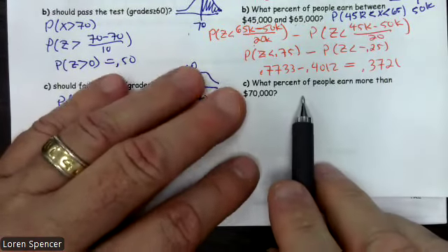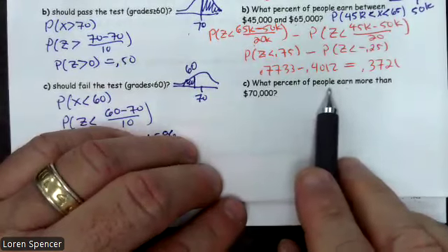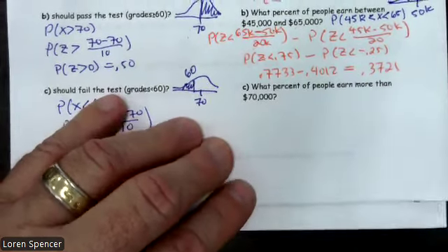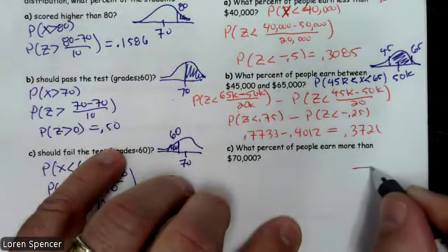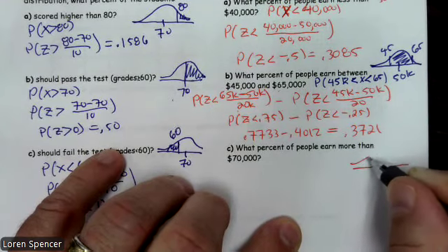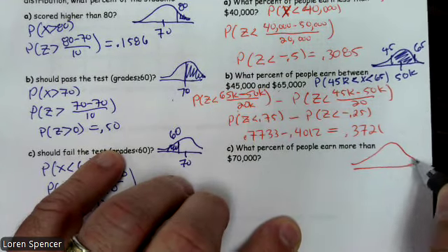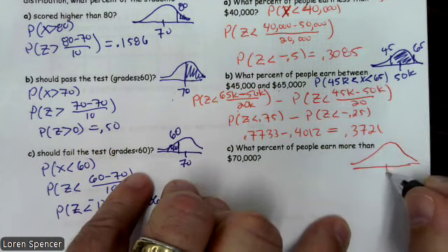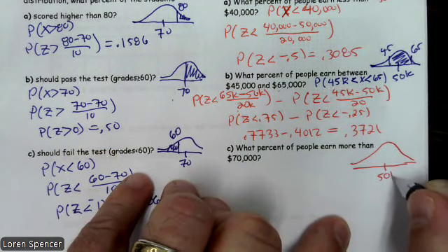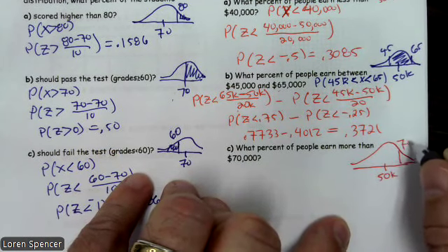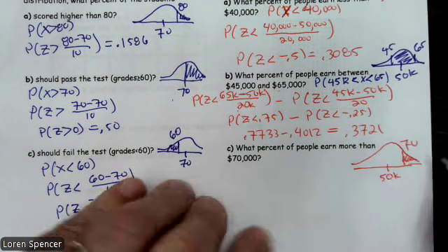All right. What percent of people earn more than $70,000? All right. So making the picture. So this right here is 50K. This is 70K. And we're shading up.